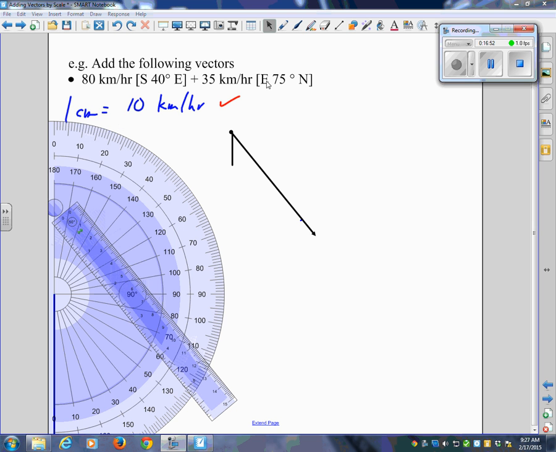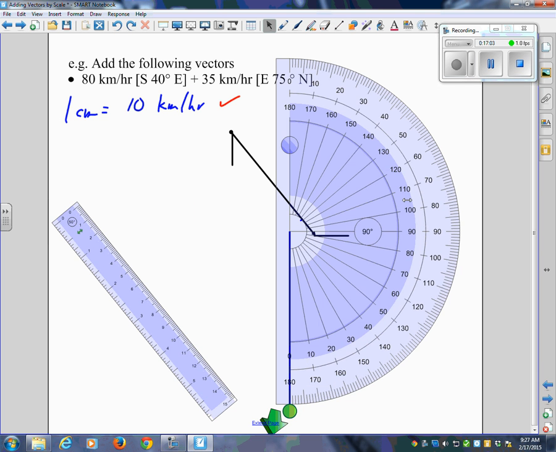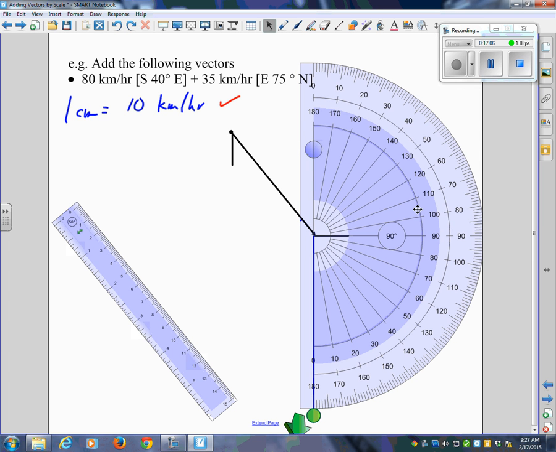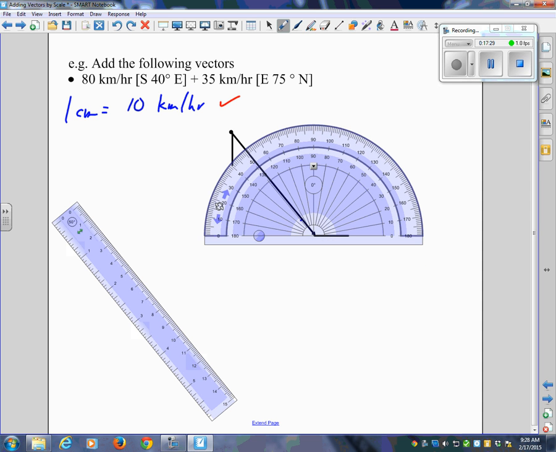East 75 north. That one's 3.5. East 75 northeast. I guess it should really be like this, shouldn't it? East 75.